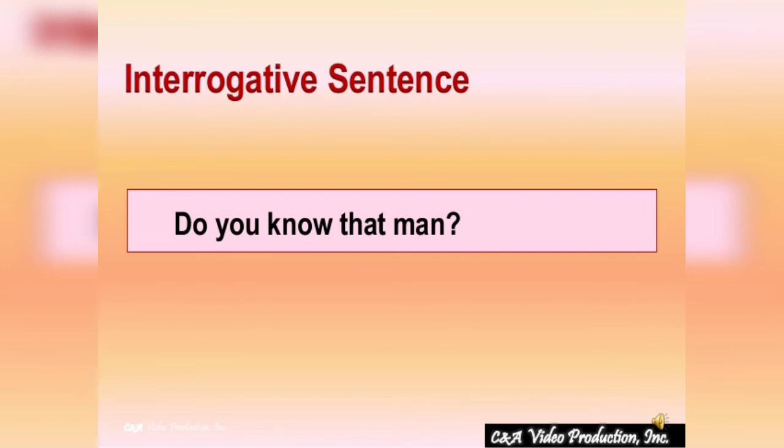It has begun with do, because we can also form a simple question with the help of do, did, have, has, is, am, are. So it is one kind of example that will help us to understand how to make an interrogative sentence. Correct?